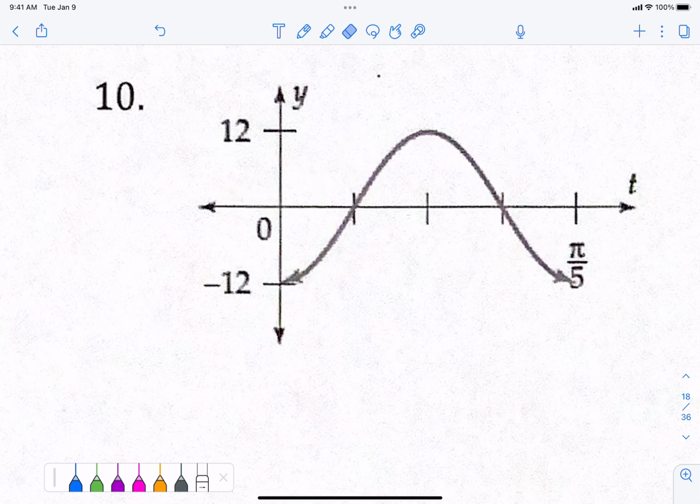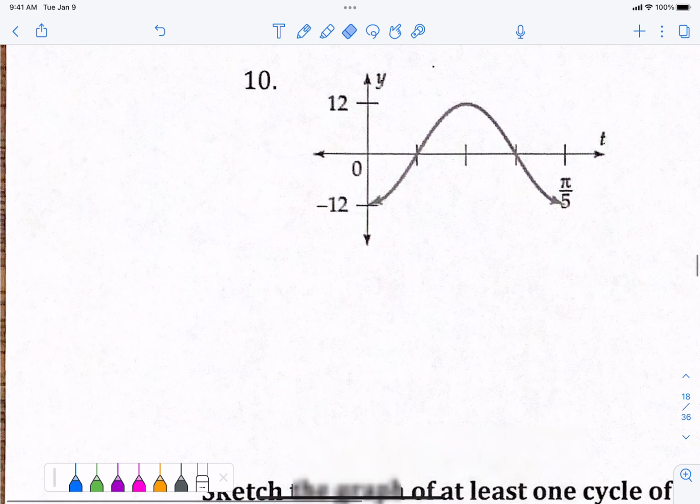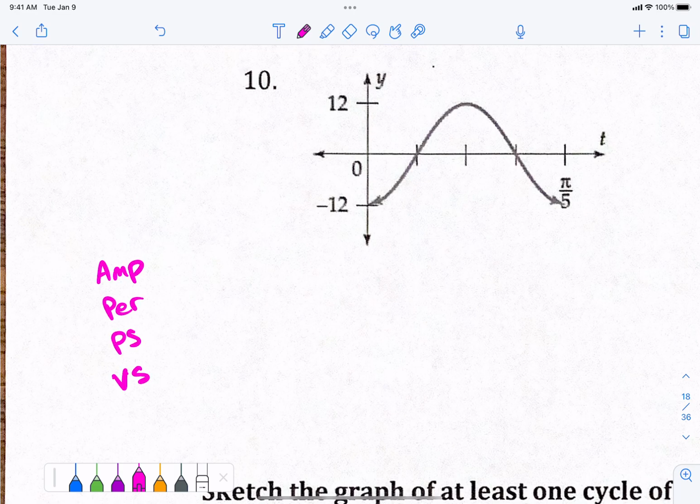I'm going to, from this graph, figure out what the amplitude, period, phase shift, vertical shift, and then if he's flipped or not flipped, okay, from this. And I'm going to do that for sine. And then we're going to do the same thing for cosine. And then we're going to plop him into the equation.